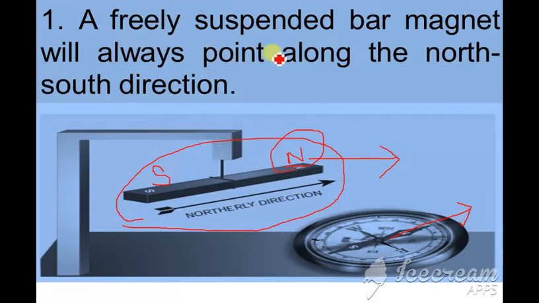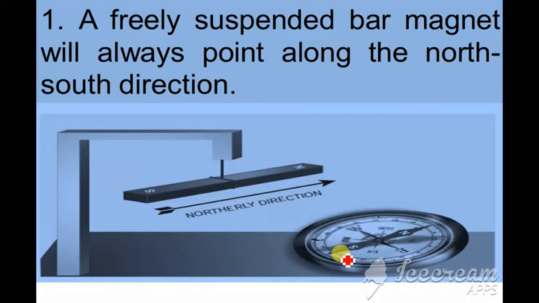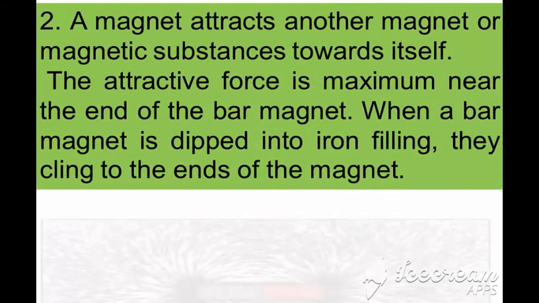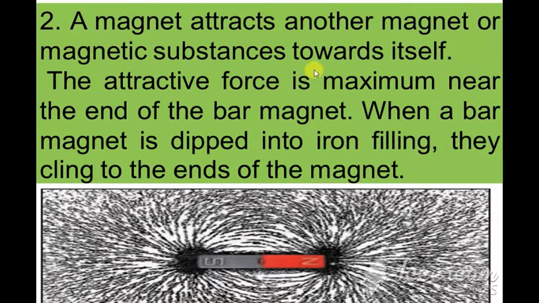So a freely suspended bar magnet will always point along the north-south direction. So that is the first property.